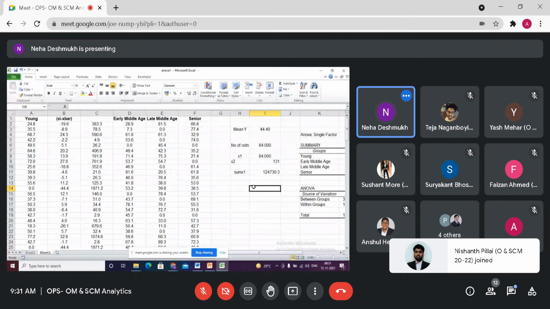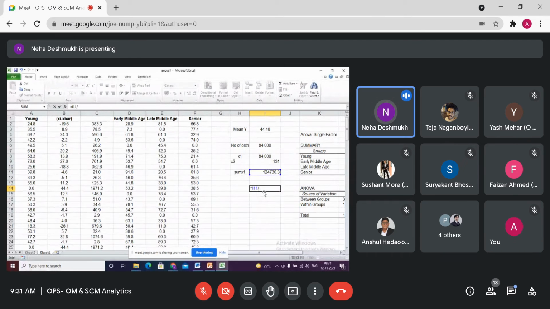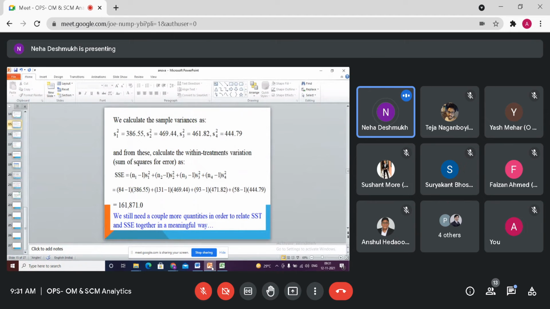And what we have to do? Equal this divided by 84 minus 1, it will be 83. Let's check. Oh, it is 386.55.